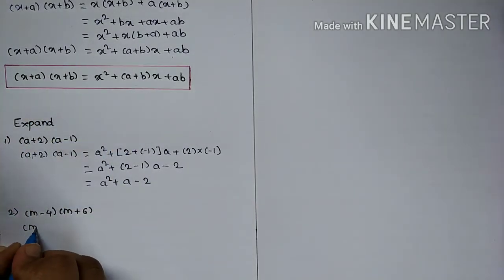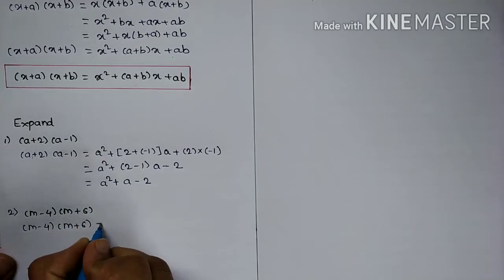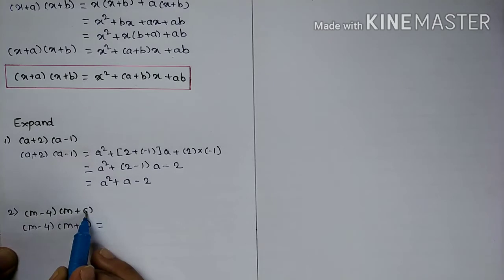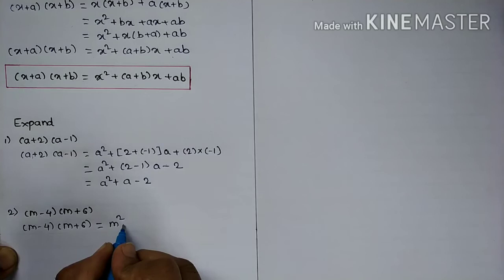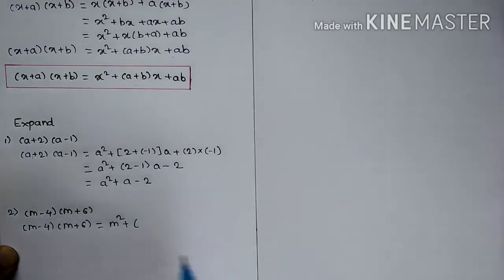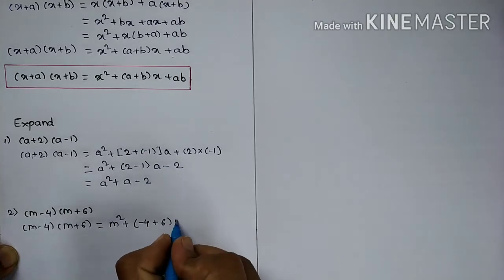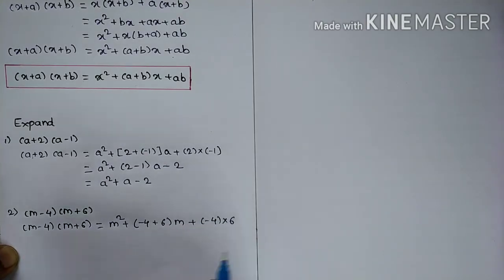Write down (m - 4)(m + 6), which is equal to, here x is m, a is minus 4 and b is 6. x square means m square, plus a is minus 4 plus b is 6 into m, plus a into b, that means minus 4 into 6.